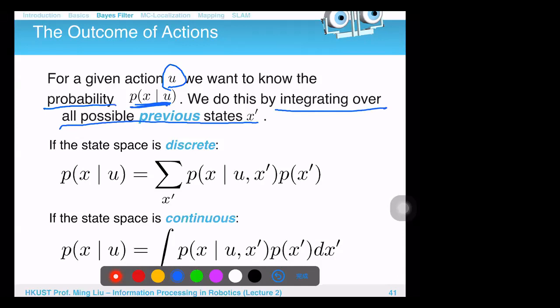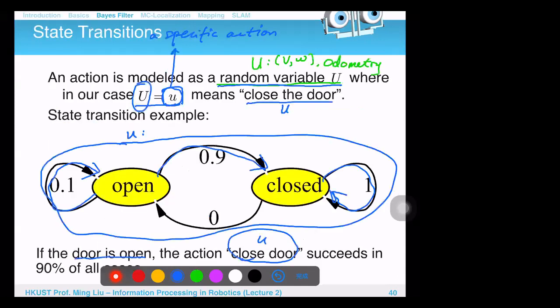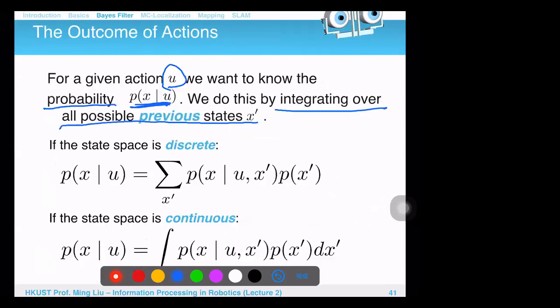If previously x is open, that's one case for your calculation. If previously it's closed, that's another set of calculations. This is called the total probability, which is a marginalization over the previous state x prime. By doing so, this x prime will be marginalized out.